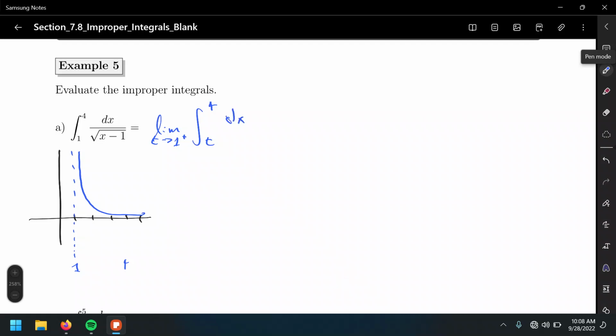So dx over the square root of x minus 1. You know what, let me change it to a rational exponent, x minus 1 to the 1/2, and then limit as t approaches 1 from the right of the integral of x minus 1 to the -1/2 dx from t to 4.